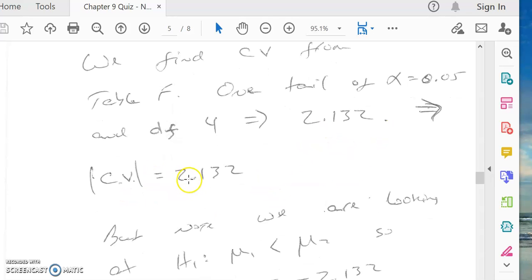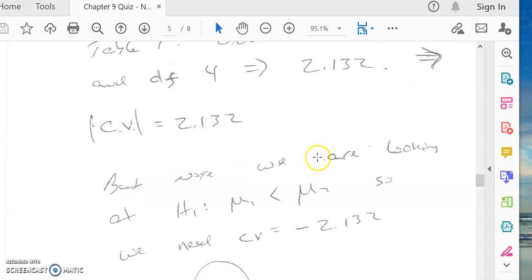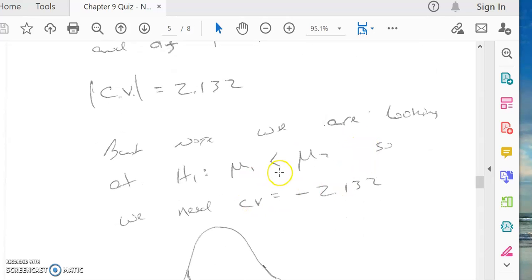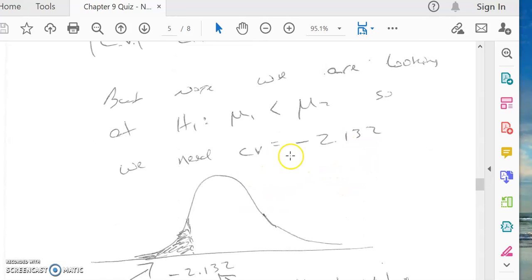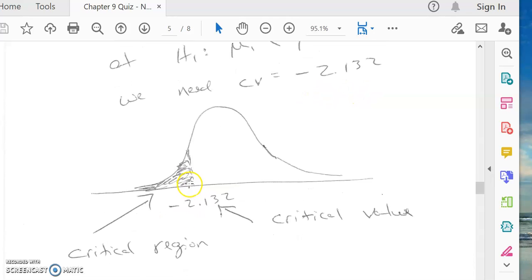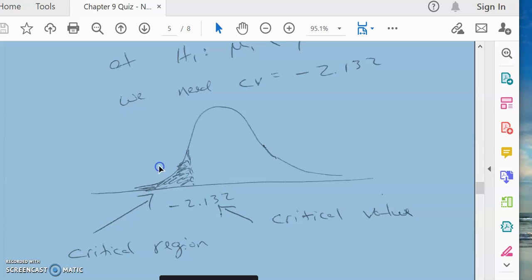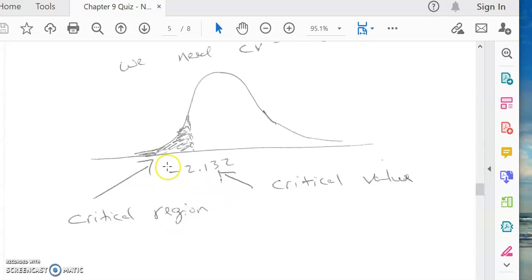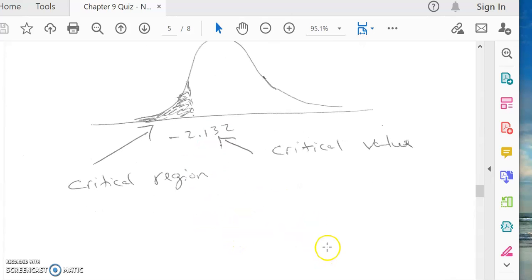To be more precise, the absolute value of the critical value is 2.132, because we are looking at the null hypothesis that mu1 is less than mu2. So what we really need is the critical value of negative 2.132. This is what we need, this guy over here. This is my critical region. This is my critical value. That's very important. First step, I have to find the critical value.